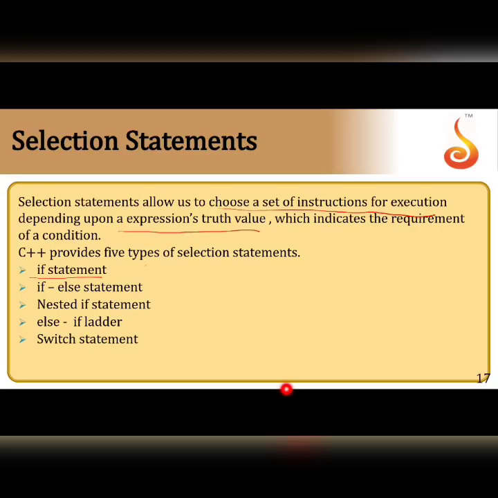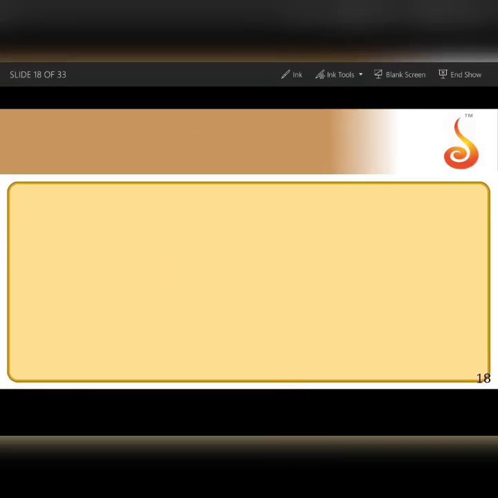C++ provides selection statements: if, if else, nested if, else if ladder and switch. We'll start with the simple if statement. How does a simple if statement work?